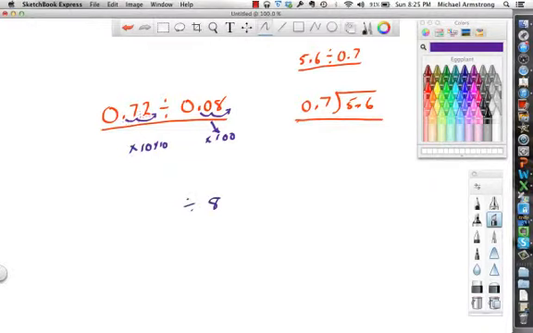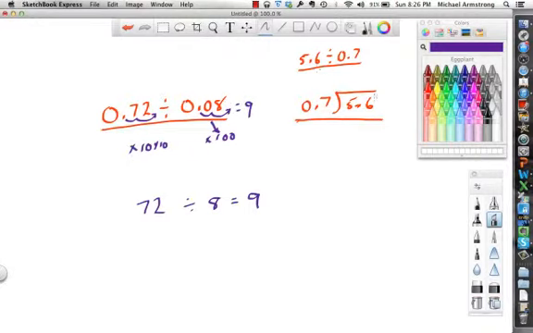I multiply 0.72 times 10 times 10, which is the same as 100. I get 72. 72 divided by 8 is an easy one. I know the answer to that. It's 9. And because 72 divided by 8 is 9, 0.72 divided by 0.08 is also 9. Okay?